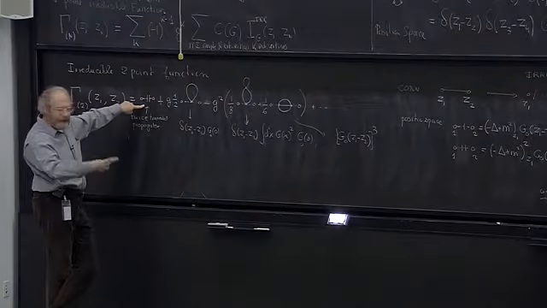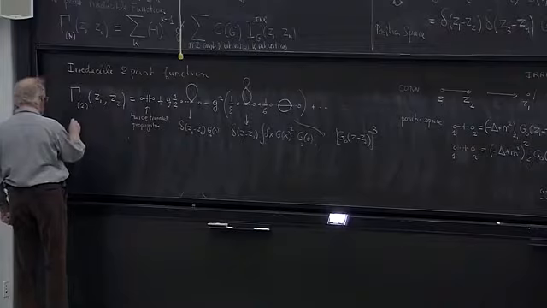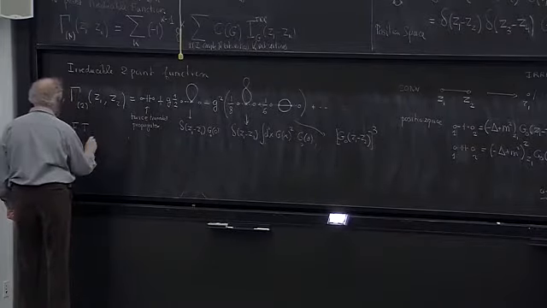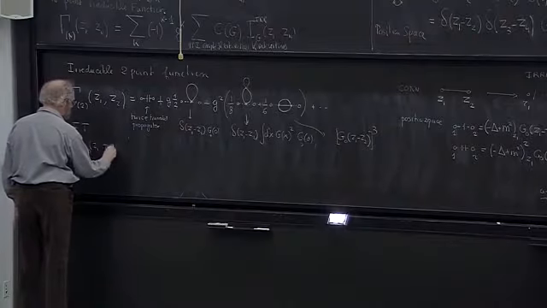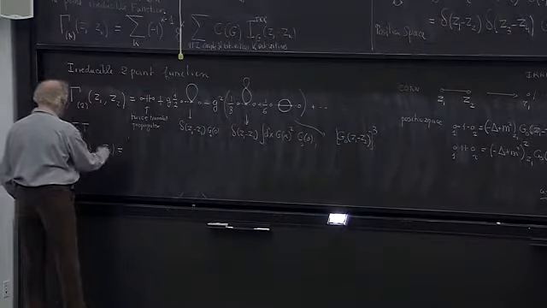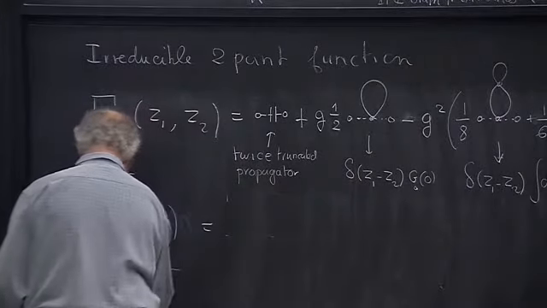If you work in momentum space by Fourier transform, this gamma 2 of Z1 and Z2 is a function of P, the momentum flowing through.